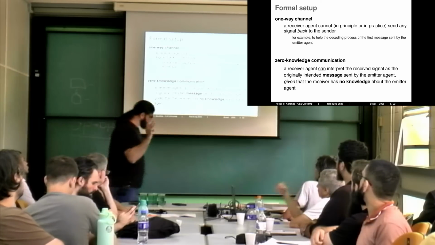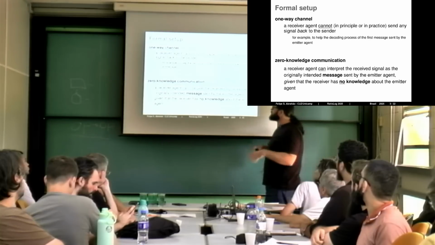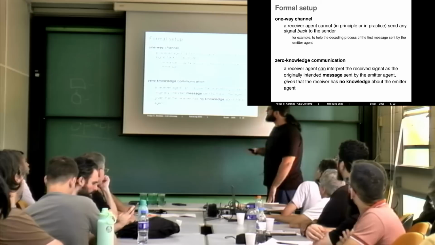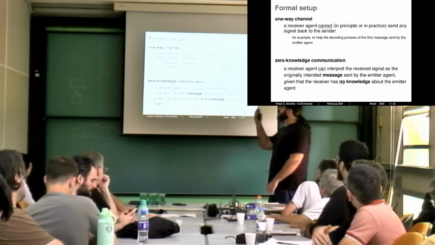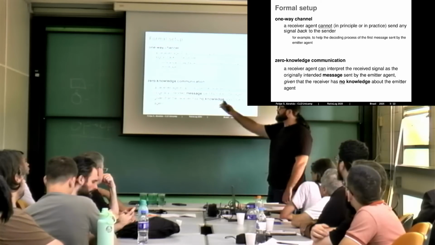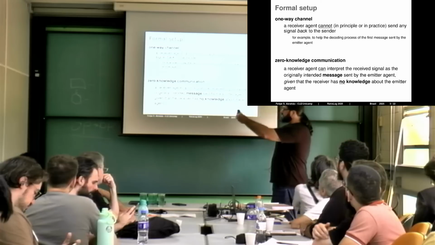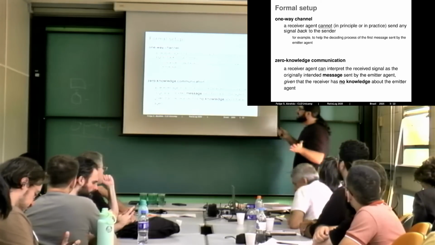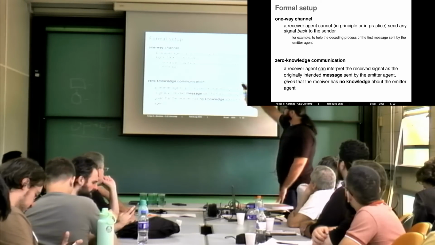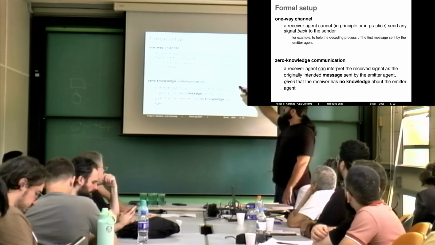All right. So I talked before about one-way channels. Just to exemplify, one way means you have a communication and you can only send it, so the receiver agent cannot send back communication to help decode what he received in the first place. So it's basically a simple property. But this is not an imperative property. For example, we're going to talk in the last slide about zero knowledge proof.